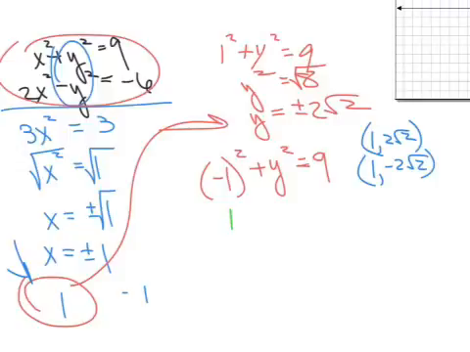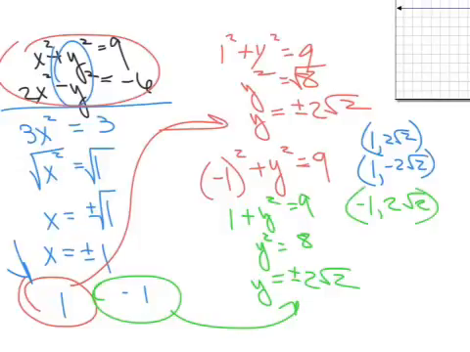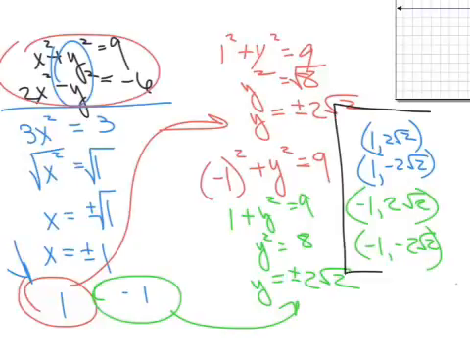So 1 plus y squared equals 9, y squared equals 8, square root both sides, and we get plus or minus 2 square root of 2. So when we put negative 1 in, we get 2 answers: 2 square root of 2, and also negative 2 square root of 2. See what I've got there? I've got 4 different answers here.